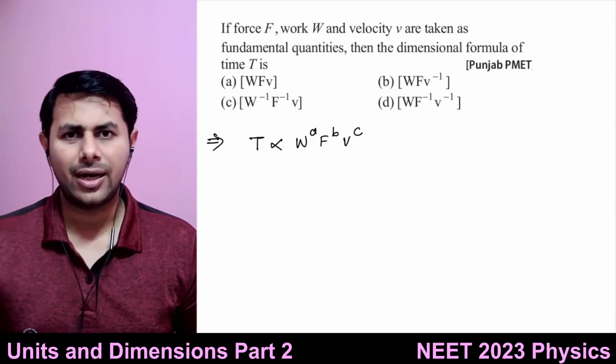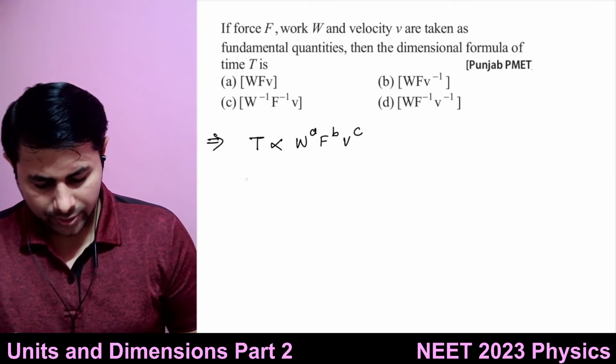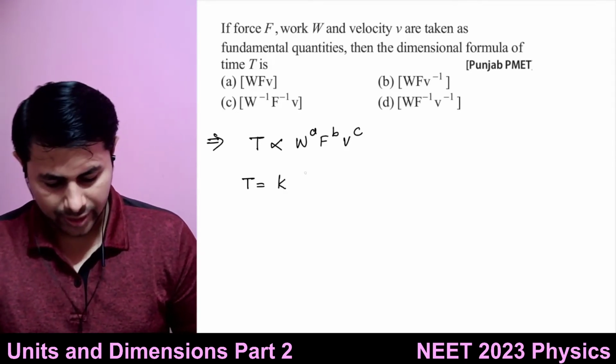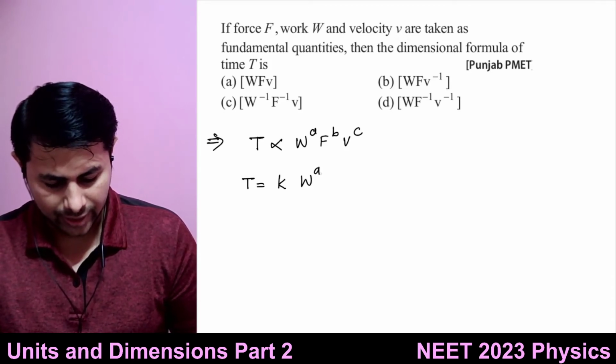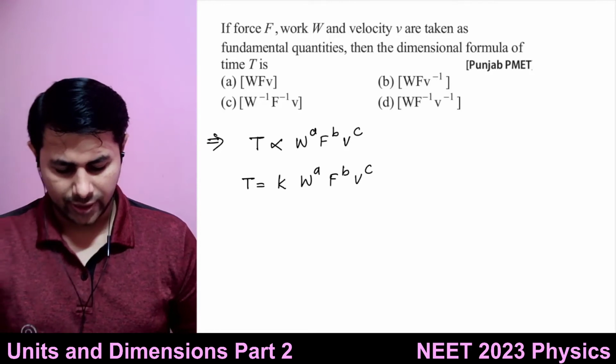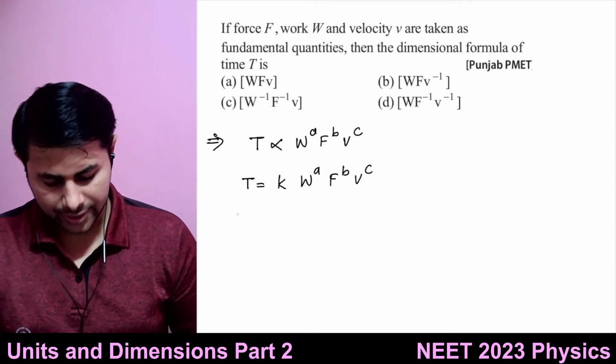Those powers I need to figure out using dimensions. So T is equal to some dimensionless constant multiplied by work raised to A, force raised to B, and velocity raised to C. After that, I will take dimensions on LHS and RHS.